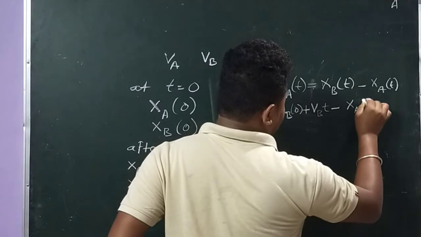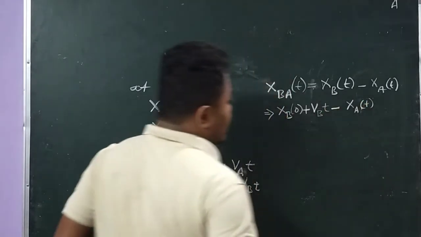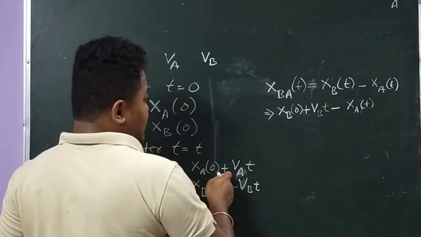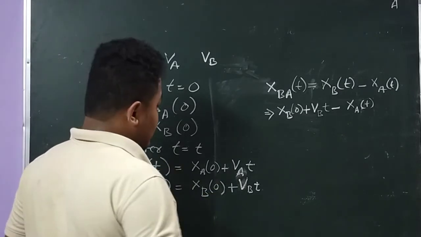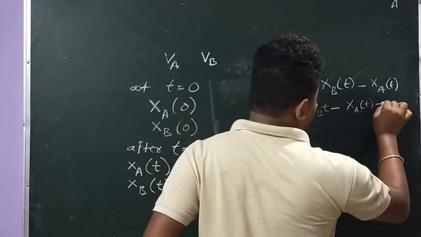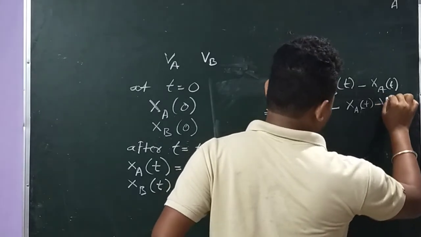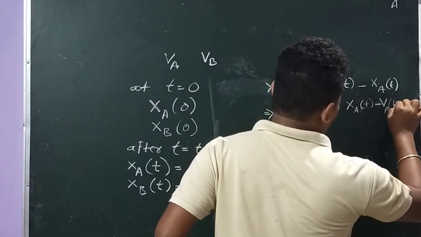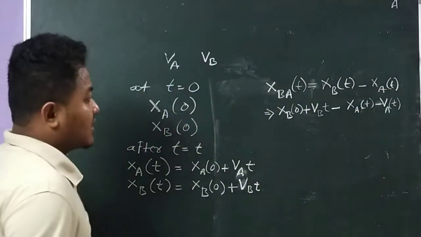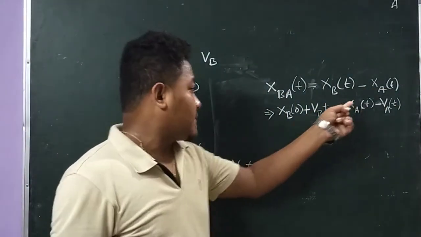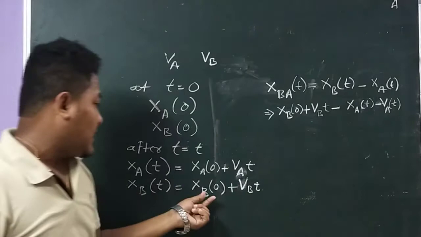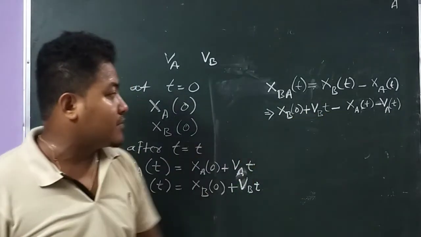This is XAT, and this is plus, so it will become minus of XA0 plus VAT, minus of VAT. Is that clear to all of you? So this is the value of XBT. I have put it plus, so it has become minus obviously.